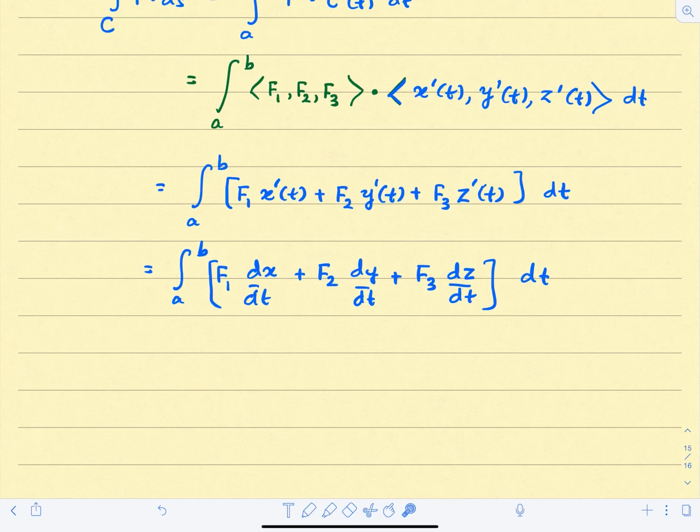Mathematically it's not correct, but let's think like that. Then we can cancel these dt terms, and after that we will get a form called the differential form of a line integral.